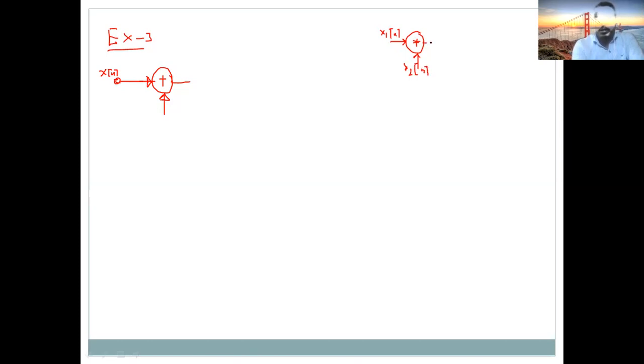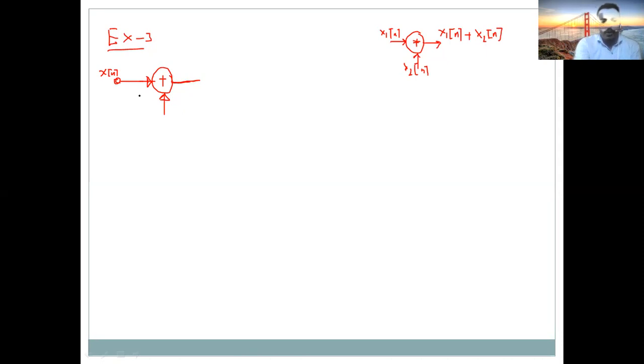So what will be the output of this circuit element? x1 of n plus x2 of n. So that's one of the basic elements in discrete time, just like in continuous time systems we use capacitor, resistor, inductor as the basic components. But in a discrete time system, one of our basic components is this adder.